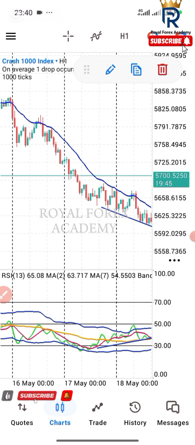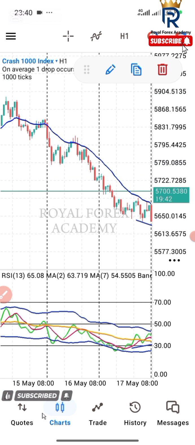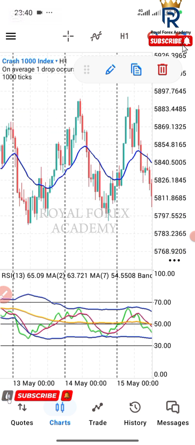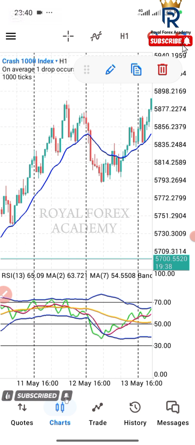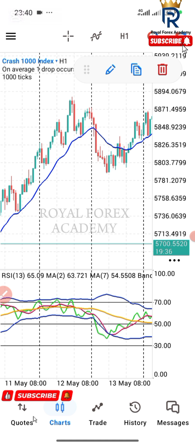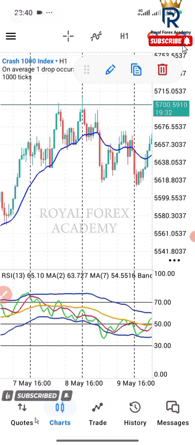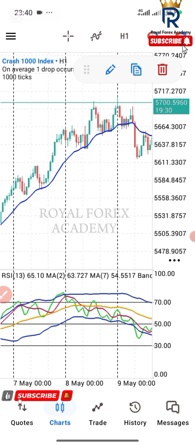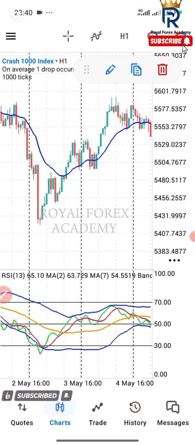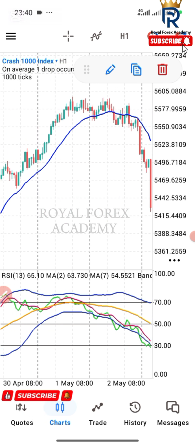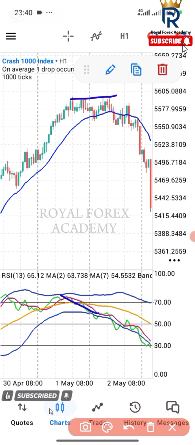It works across all pairs, but however, you don't trade divergence in isolation. You will always need to get an additional confirmation in order for you to trade divergence. So that is very important for us to take note of. Look at this scenario, price is pushing towards the upside and this is pushing towards the downside.